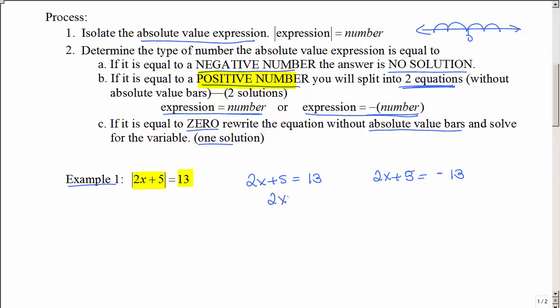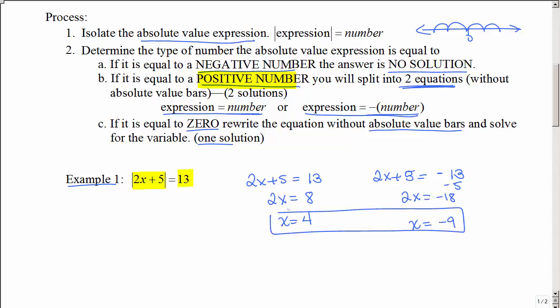So here we're going to subtract 5 and divide by 2. Here we're going to subtract 5, so if I subtract 5 I get a negative 18 and divide by 2. So those are my 2 answers. Again, I have 2 solutions. Some books write that as a solution set, positive 4 and negative 9.